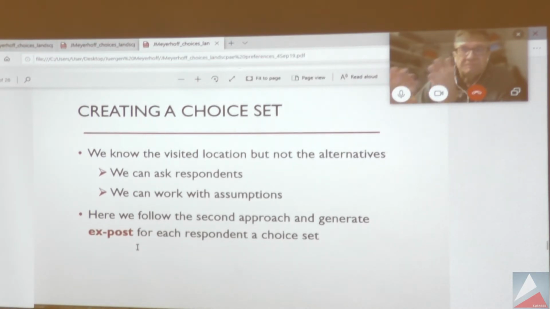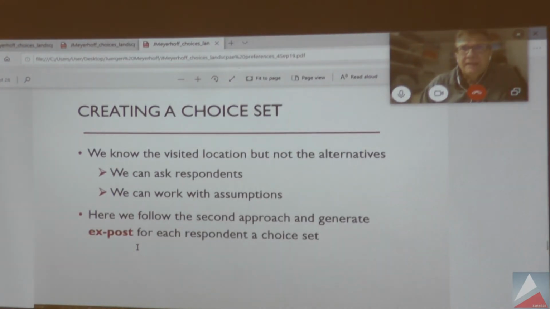So the option we have is to ask, which might be difficult because they are not completely aware of all their alternatives, or it might at least take a lot of time to ask them in an interview to indicate all alternatives. So the second option is to work with some kind of assumptions, which is what we actually did in our survey. And that's what I want to show you now.